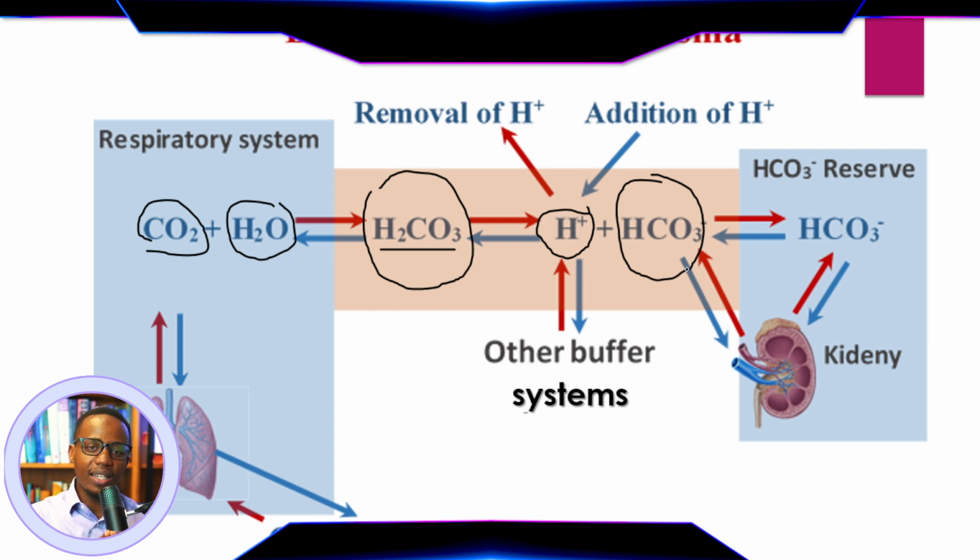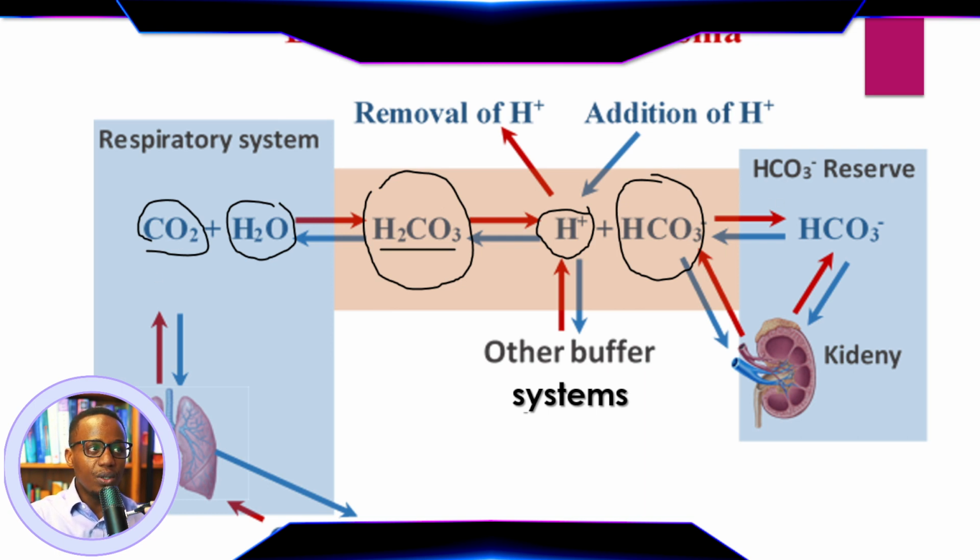So just like any other reversible system, depending on the conditions that we have in the body, the reaction will either go this way or that way, right? It will go forward or reverse based on the conditions that we have.